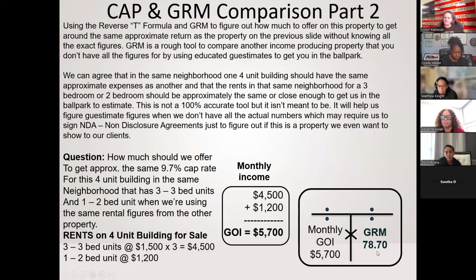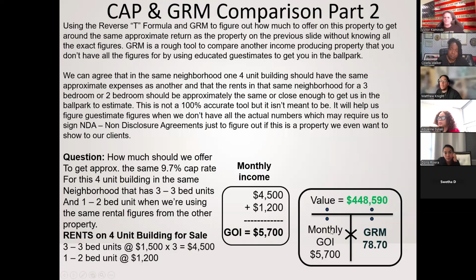So we're going to apply it to this building because we know it'll get us that same cap rate, or in the ballpark. So what's the maximum we should offer on this property to get us in that same GRM range, which will then net us the same cap rate? 448,590. There you go.